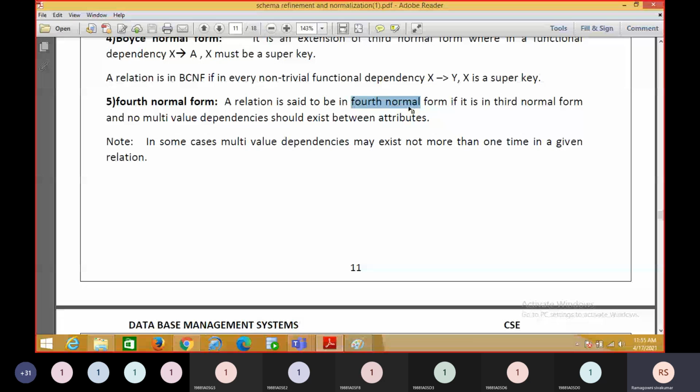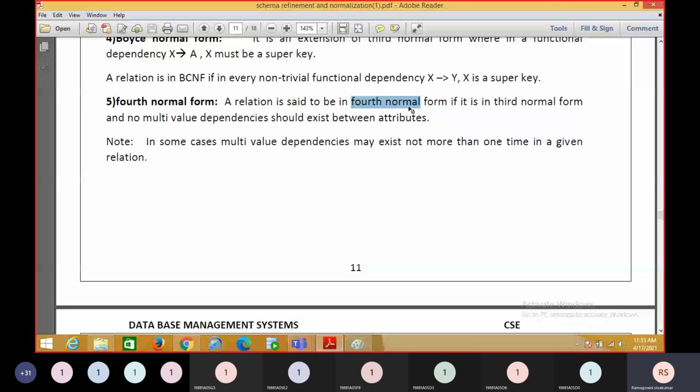Here, main thing is no multi-value dependency. Okay. So in some cases, multi-value dependencies may exist not more than one time in the given relation.